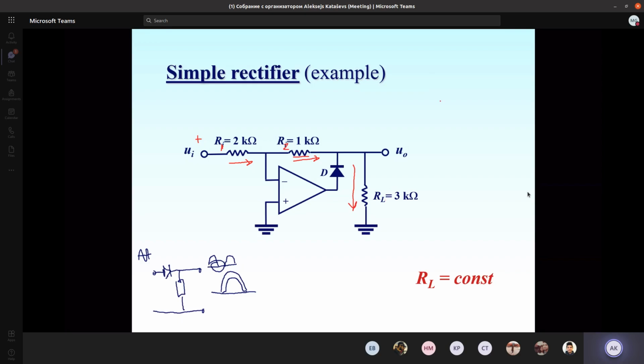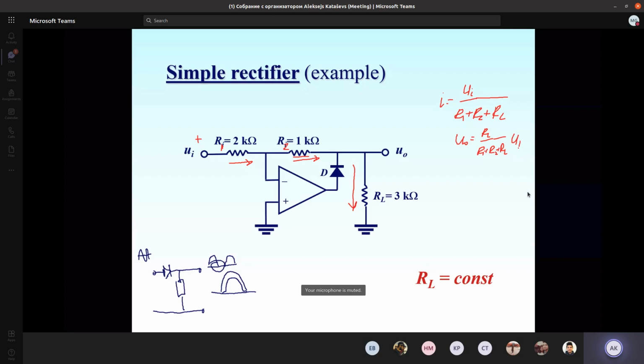Then the current I is equal to U in divided by R1 plus R2 plus RL, and the corresponding output voltage U out will be this current times RL. So I get RL divided by R1 plus R2 plus RL, times U in.